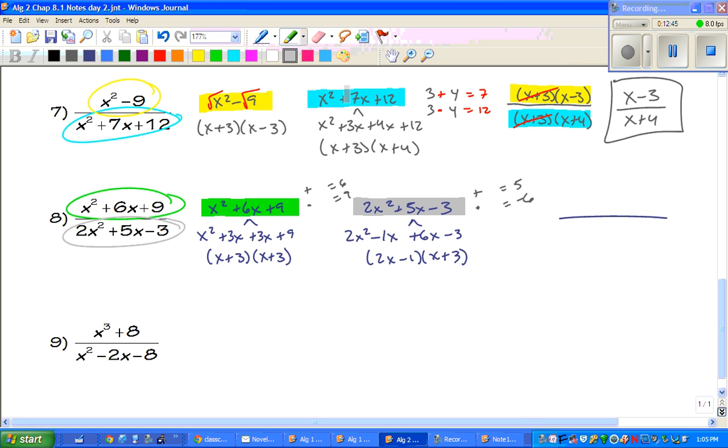And now we would rewrite everything. The top goes up here. And then 2x minus 1, x plus 3. Okay, those both cancel out. And then our final answer is x plus 3 over 2x minus 1.